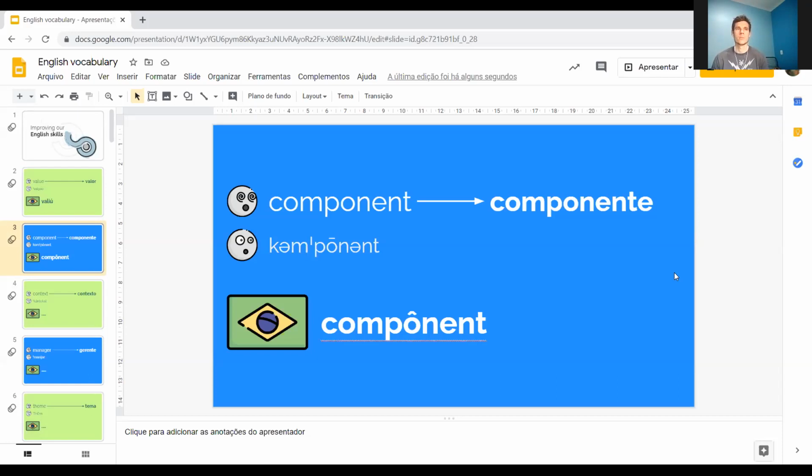Yeah, skate is a verb in English. It's not a noun. Like, I was skating at the park. To skate is to ride a skateboard. Can I also say to skateboard? Sure you can.